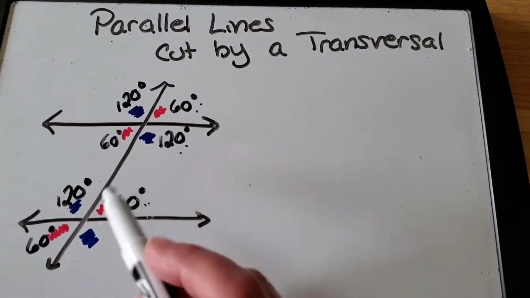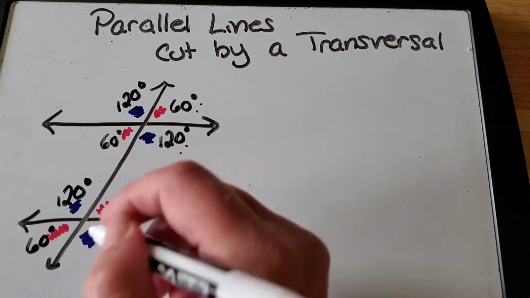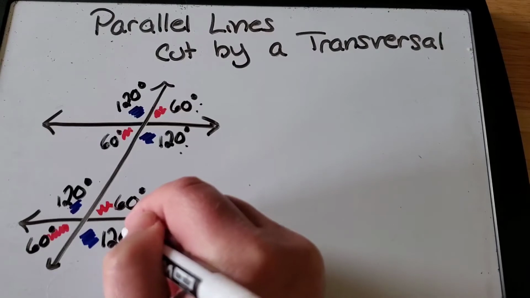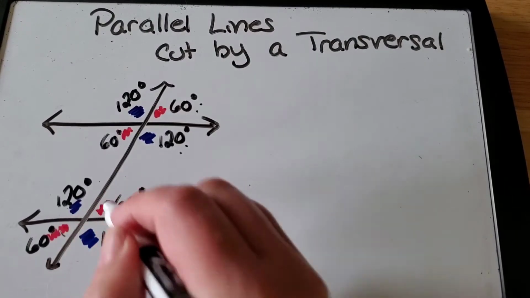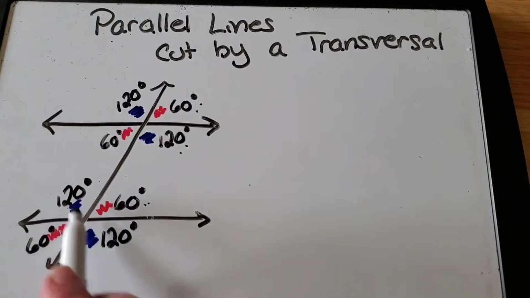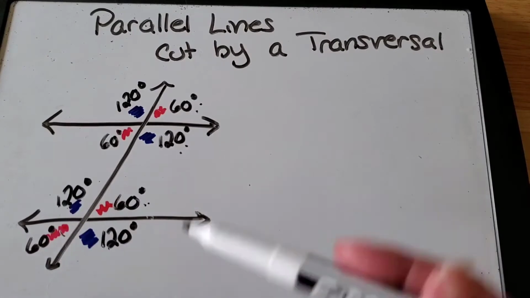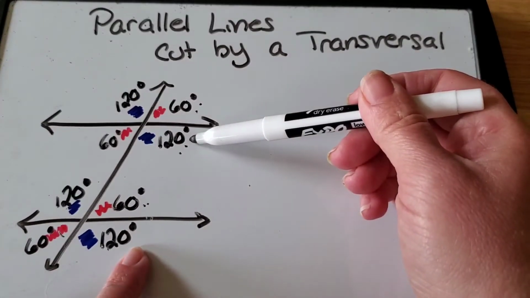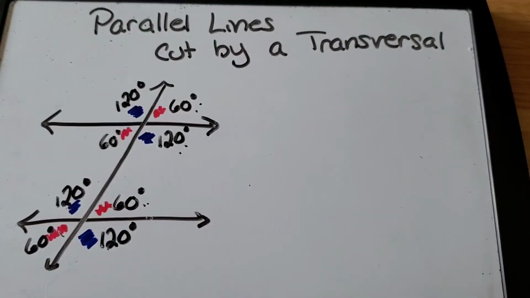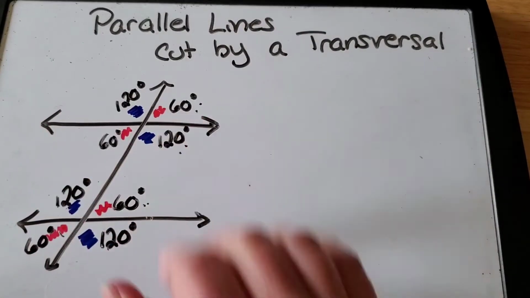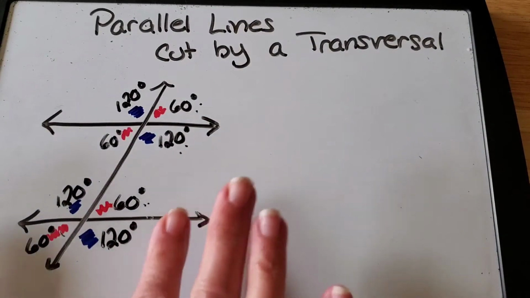Also, it's supplementary to the 60-degree angle. And this one is 120 degrees because it's supplementary to either one of those 60-degree angles. It's vertical to that 120-degree angle, and it's corresponding to this 120-degree angle. Hopefully, you have that down pat now.